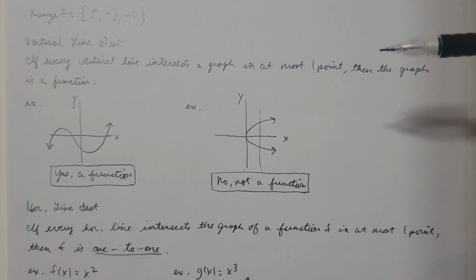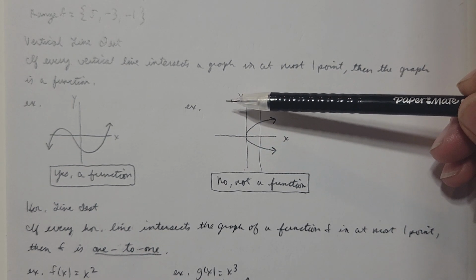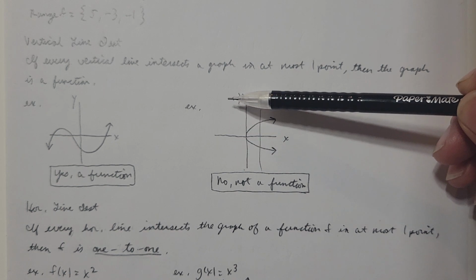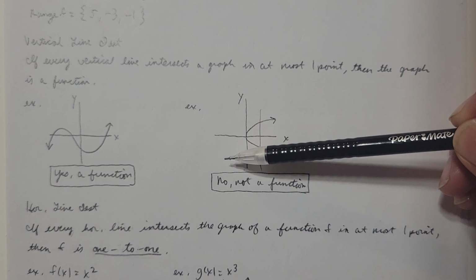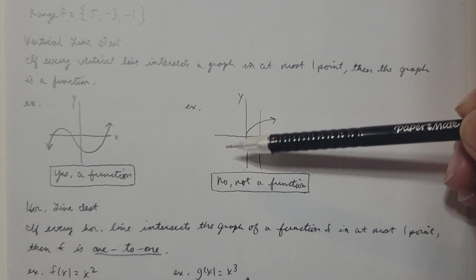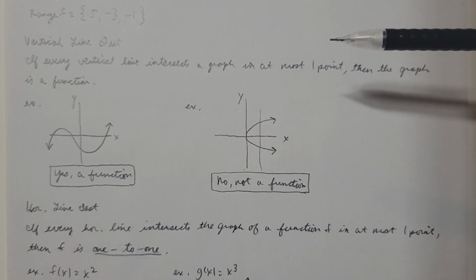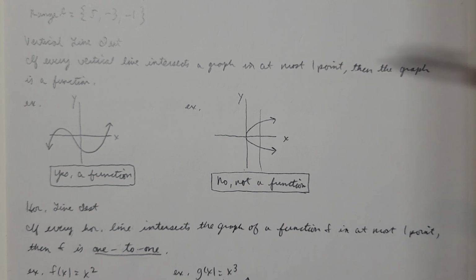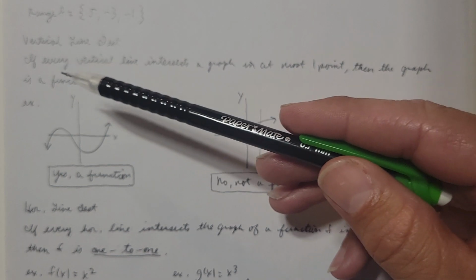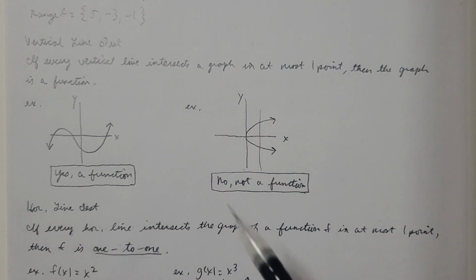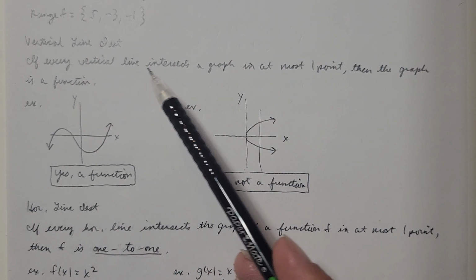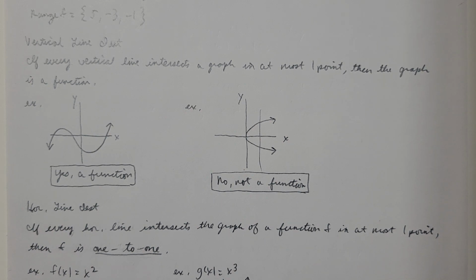It says not a function. You can't have that. Now if I were to draw a vertical line over here, let's say, I'm not intersecting the graph, because I don't have any graph on the left side of the y-axis. But that's not what the test says. It says if every vertical line intersects a graph in at most one point, then the graph is a function.